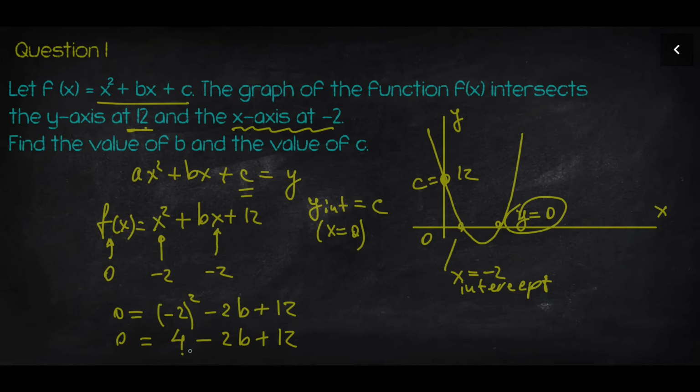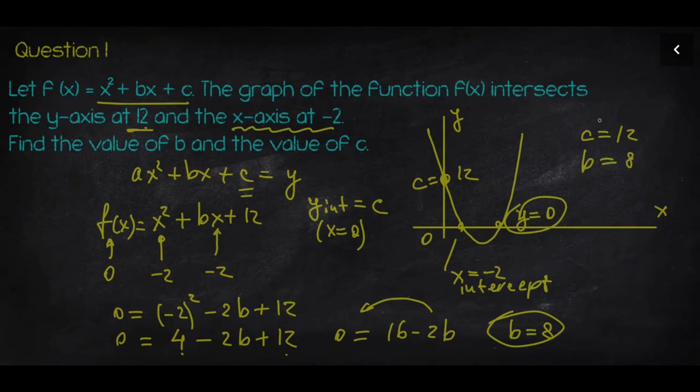In this case, it's 4 and 12, so we combine them and get 16, so 0 equals 16 minus 2b. We take negative 2b to the left side, it's more convenient, and from there we get b equals 8, all right? So this is how it works. B is going to be positive. So the c value is 12, and the b value is 8. Those are the final results.